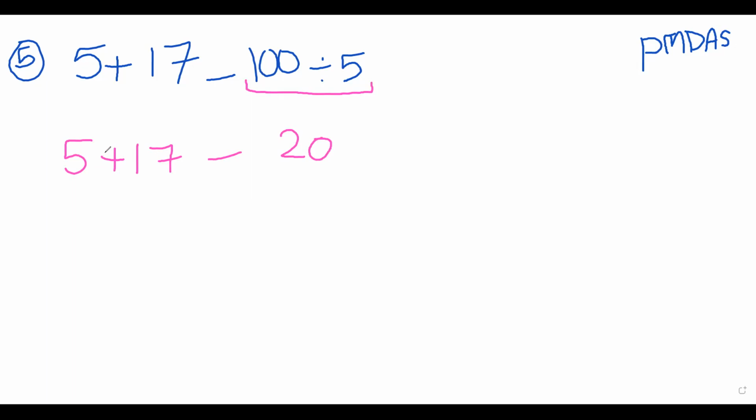We have a plus and minus. They have the same priority. Addition and subtraction have the same priority. So since they have the same priority and we have positive and negative, I will start from the left.